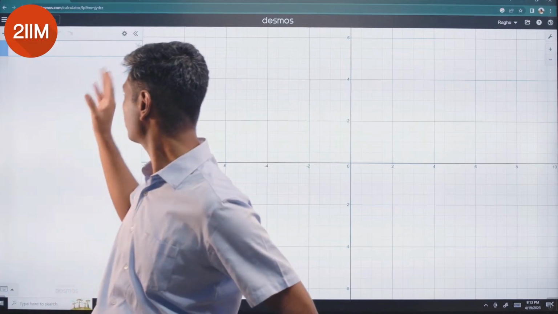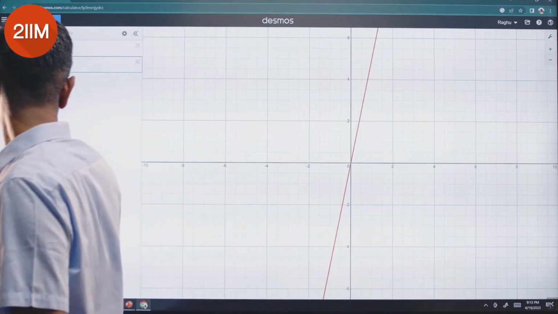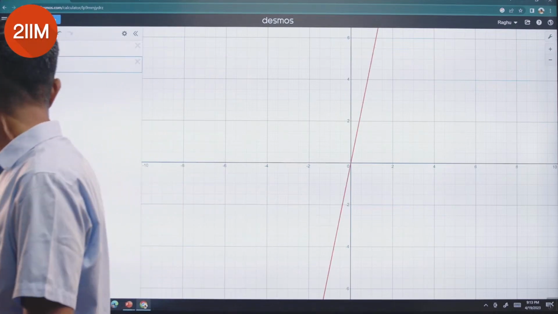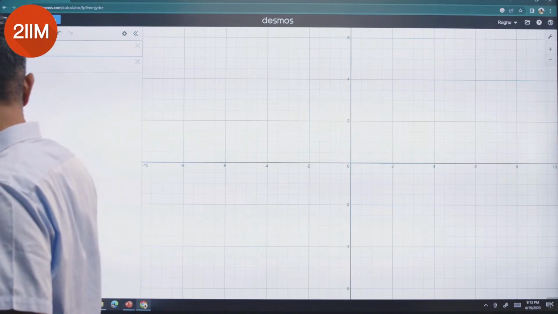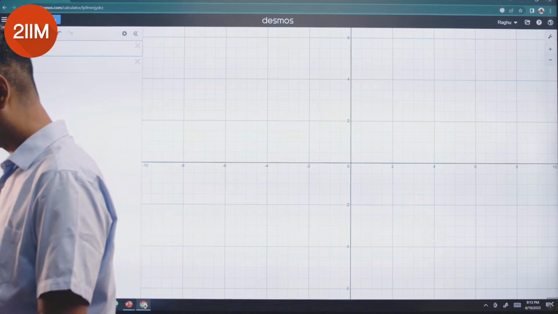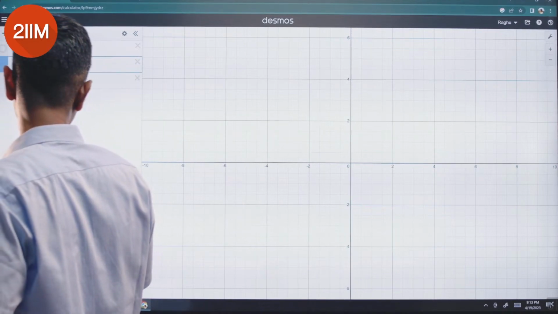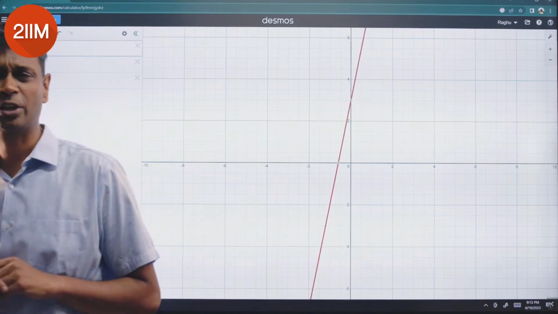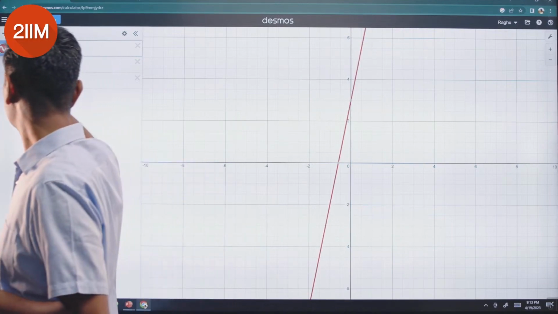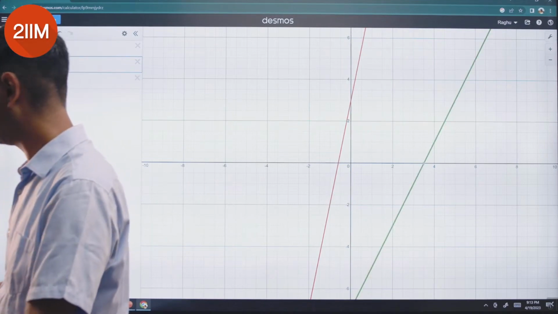You can just go to testmonster.com and then say, hey, y equal to 5x. You get the graph. Then you can say y equal to 5x plus 3. See what I do. And then you say, look, very interesting, I'm going to draw one more. y equal to 2x minus 7.